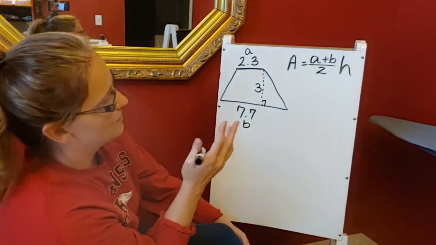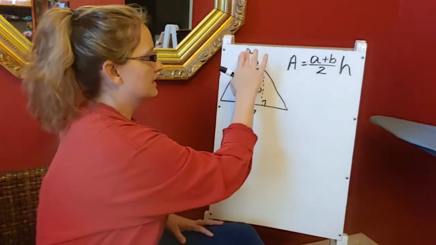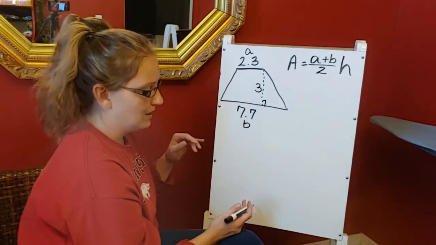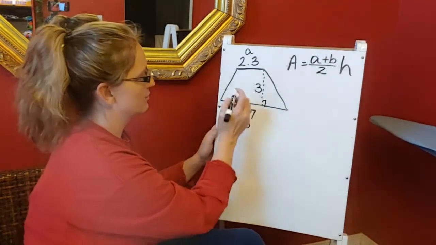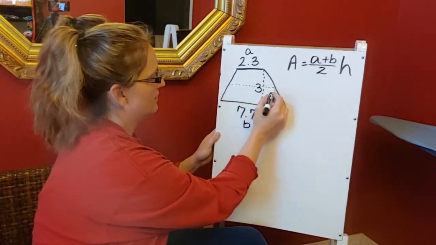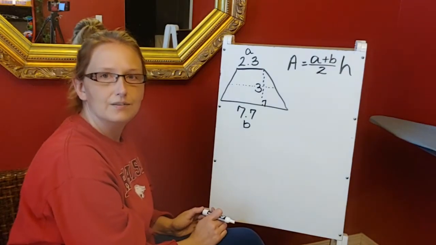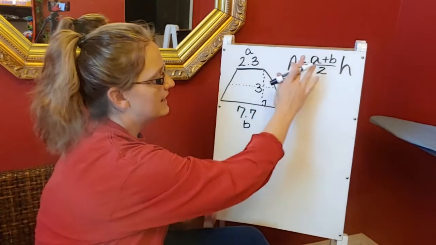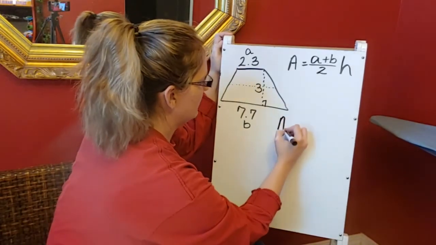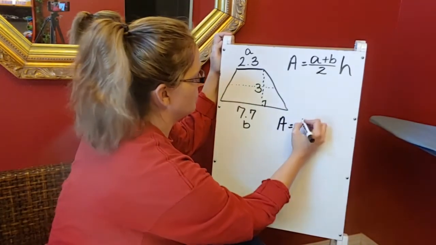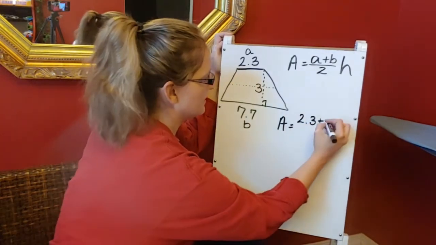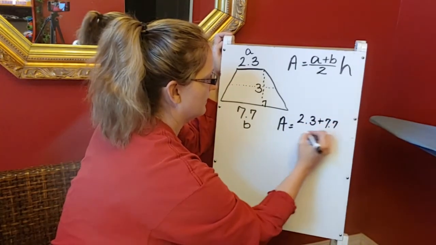And in a trapezoid, the reason we take the top side added to the bottom side and then divide by 2 is because we're trying to find this middle length right here, okay? So if we take this formula, and I'm going to plug in what I know, area equals A is 2.3 plus B, which is 7.7.